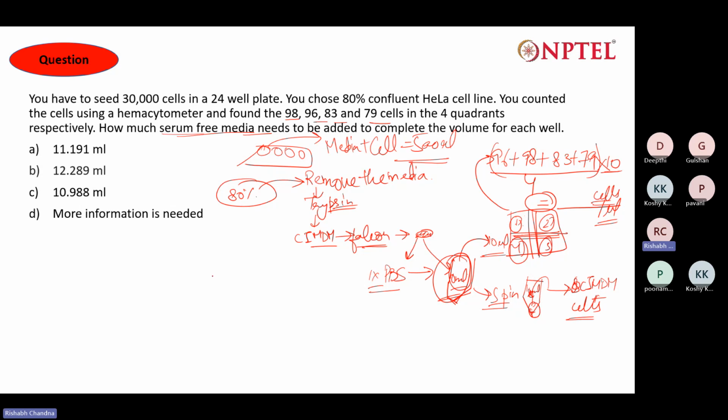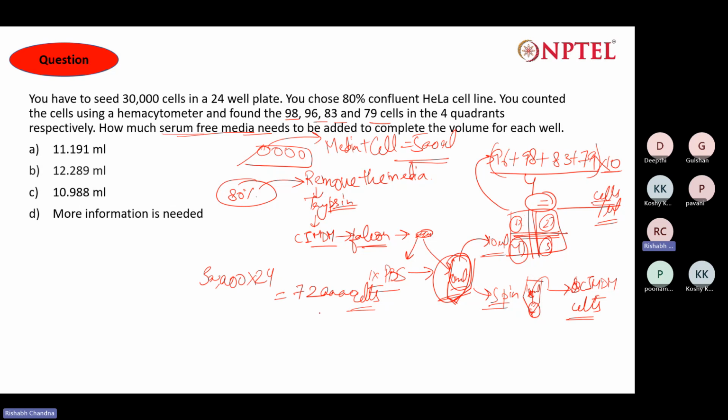Okay, now from this, this is the cell suspension that we are talking about. Now we have to add 30,000 cells per well into 24 wells. So that will be equal to 7,20,000. Okay, 7,20,000 cells in the whole plate that we have to seed.